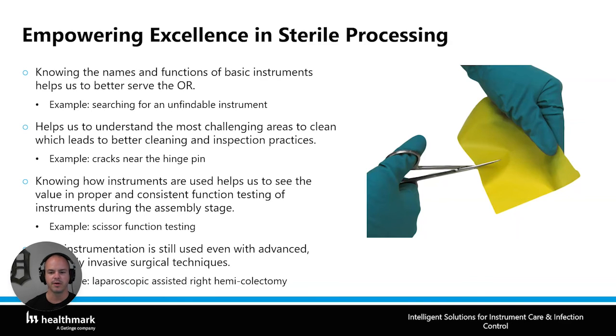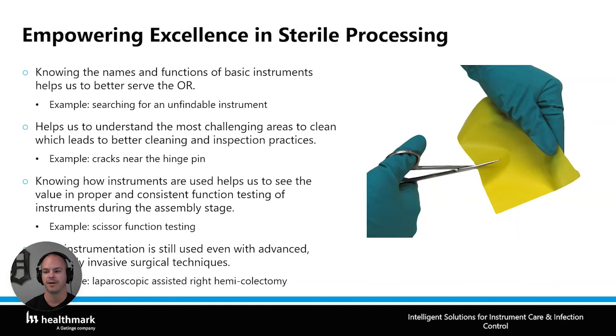Another thing that's really important about knowing your instruments is that it helps us to see the value in proper and consistent function testing of the instruments during the assembly stage. All right, so for us, that might mean scissor function testing. There's other things that we might do. We might even lubricate the scissors because they're sticking.